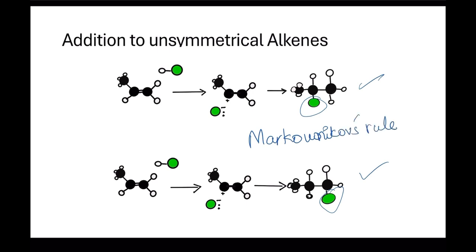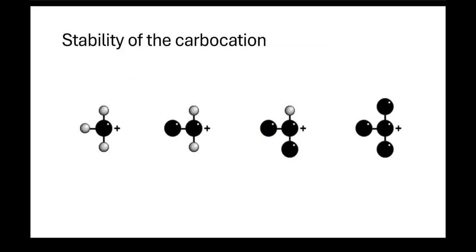Right? So what is my Markovnikov's rule? It basically states that the most stable carbocation is going to form. Okay? So let's look at our carbocations, right? Which is more stable, which is not. Let's see. So we have our methyl, and then we have a primary. So why are we calling this a primary?